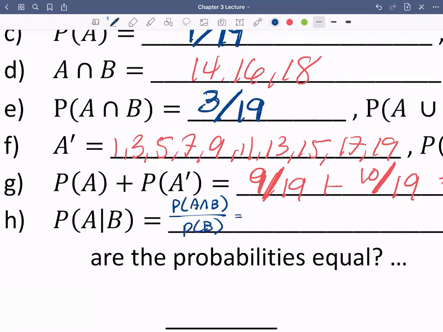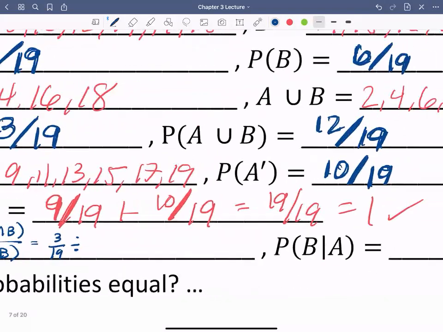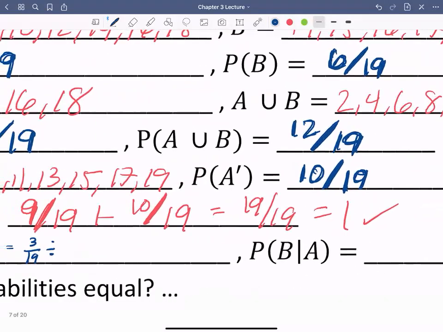The probability of A and B happening is right in front of us, right at the top. It's 3 over 19. And we're going to say divided by, because that's what this means, divided by the probability of B happening. And the probability of B happening, on the top right of our screen, is 6 over 19.